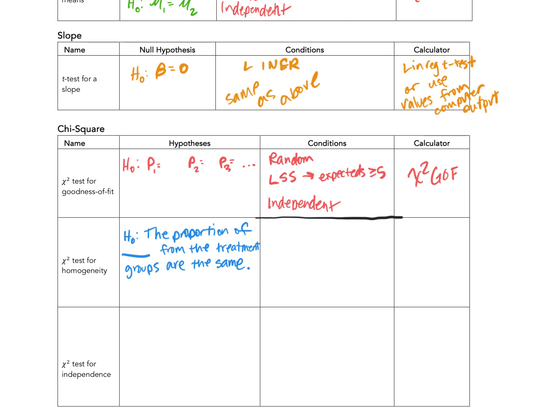For cataracts or something. Okay, then the proportion of cataracts is the same for both the placebo group and the treatment group. Then your alternative would be it is not the same. Do you guys see what I'm saying?